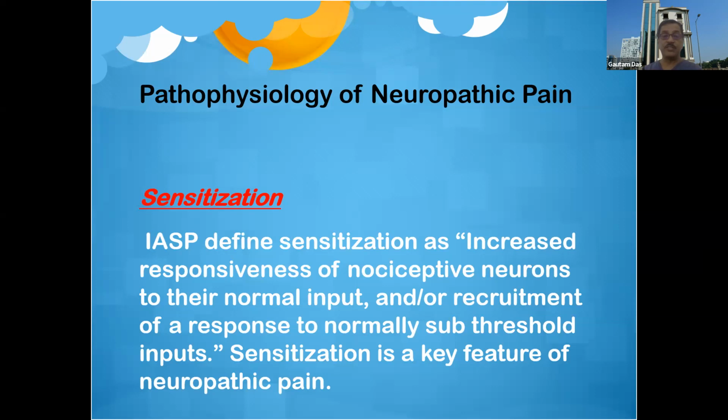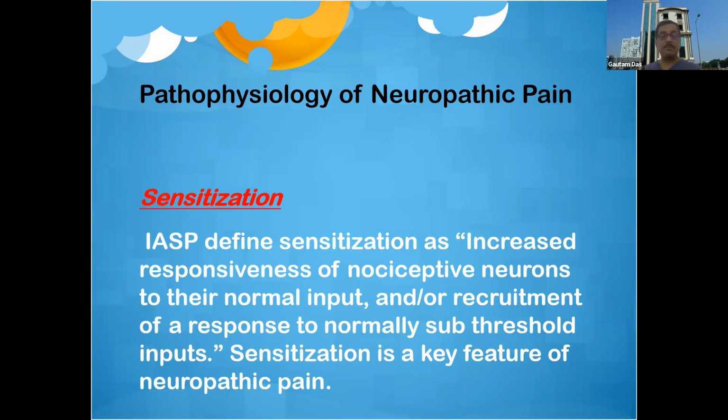The changes in the central and peripheral nervous system are also called sensitization, a type of neural plasticity. Neural plasticity can be good or bad: a good adaptation or a maladaptation. These bad changes, which increase our pain, are basically sensitization.